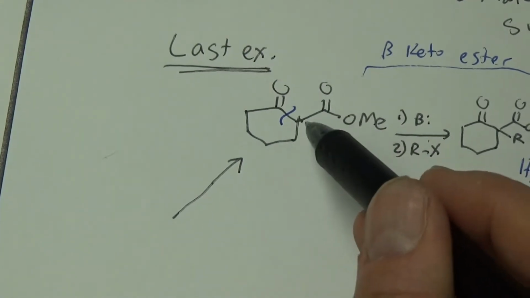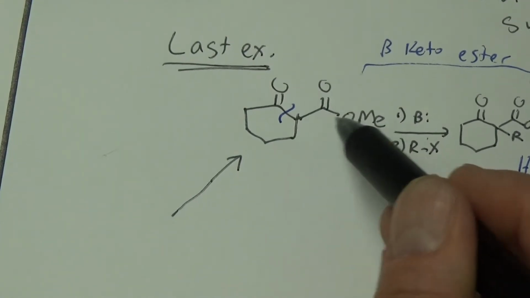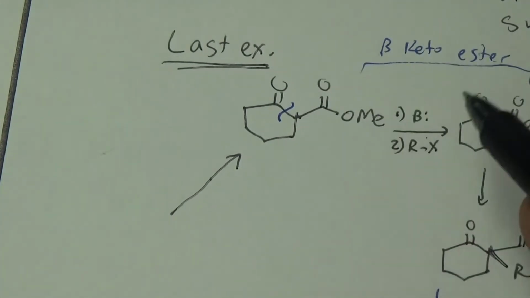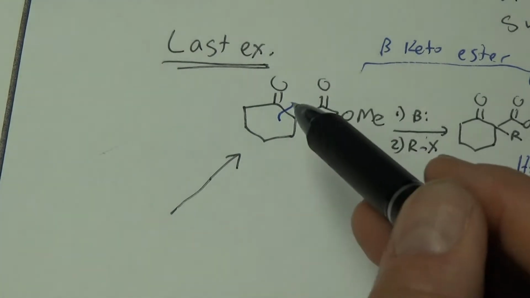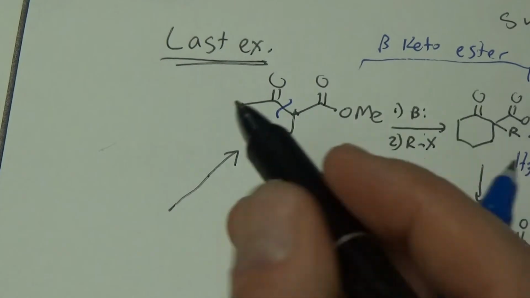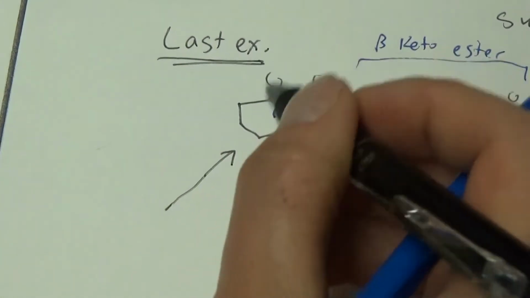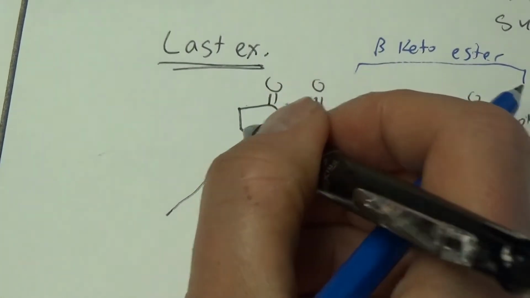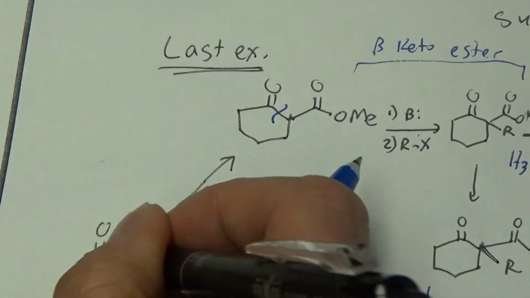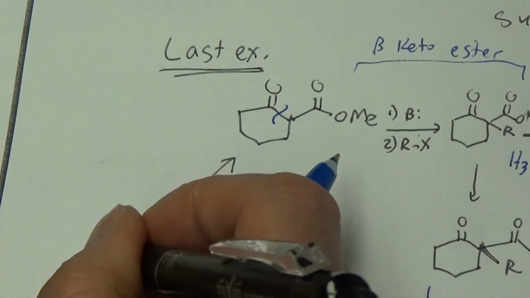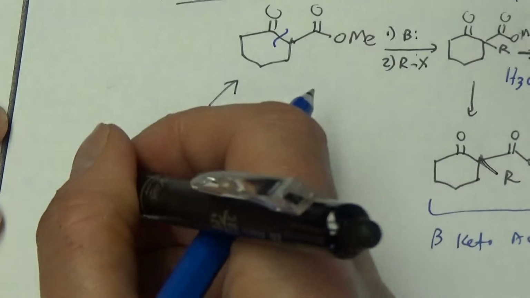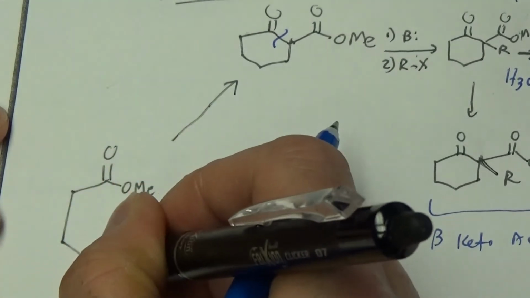So we can make this bond from basically ester there and ester there, which is a Claisen. Claisens are an ester reacting with an ester to make a beta keto ester. So you can make this from, essentially, how many carbons will this diester be? 1, 2, 3, 4, 5, 6, 1, 2, 3, 4, 5.